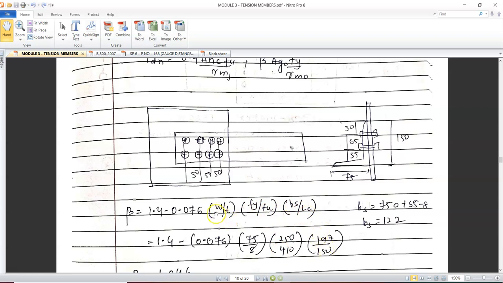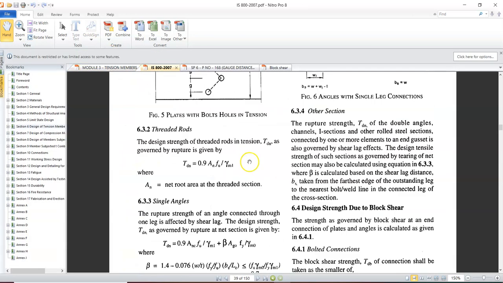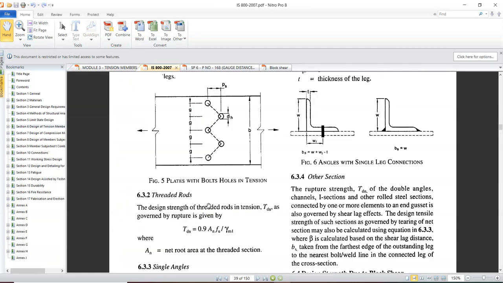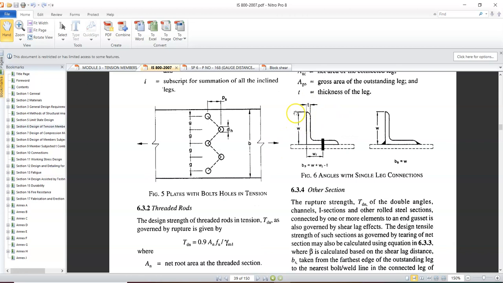Now going one by one, w by t. For w by t, you have to go to IS 800. When you refer to figure number 6, this is the angle connected to a gusset plate. So here in this case, this becomes the outstanding leg and this becomes the connected leg.